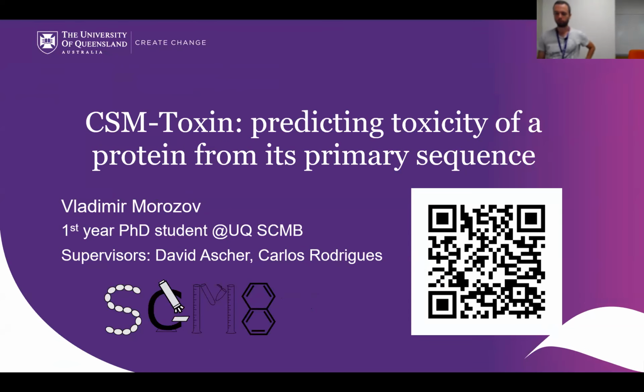Okay. Hi, everyone. My name is Vladimir. I'm a first-year PhD student at the School of Chemistry and Molecular Biosciences. And today I'll show you how you can use transformers at different tasks than natural language processing, and to be precise, in biological tasks, or the task of predicting protein toxicity using just its sequence.